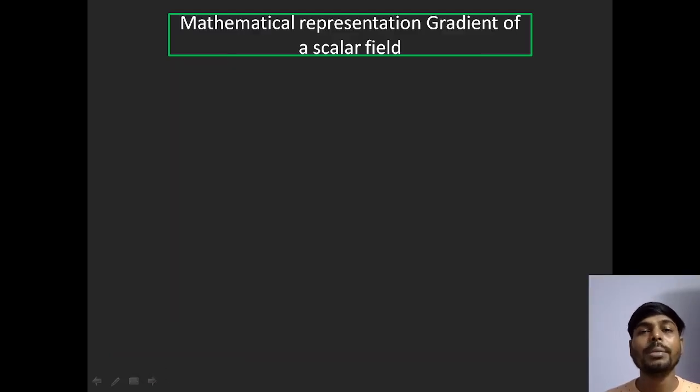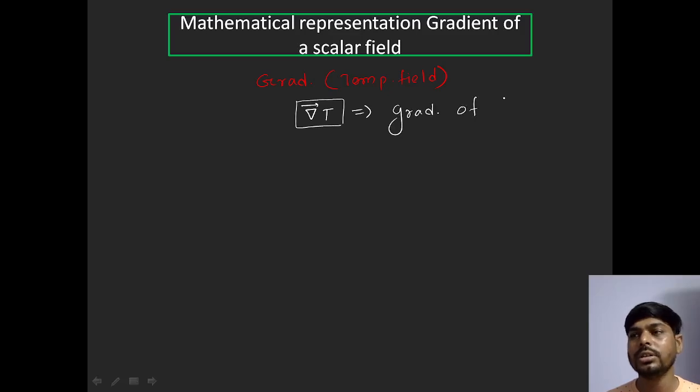Now what is the mathematical representation of the gradient of a scalar field? That means if I say the gradient of temperature field, how to write it mathematically? It is written in this way. The whole term is nothing but gradient of temperature.